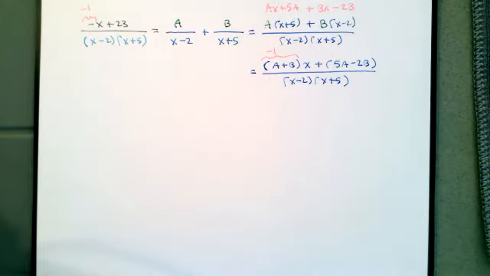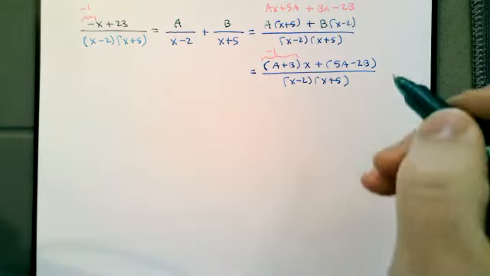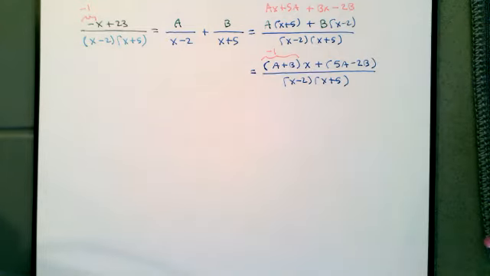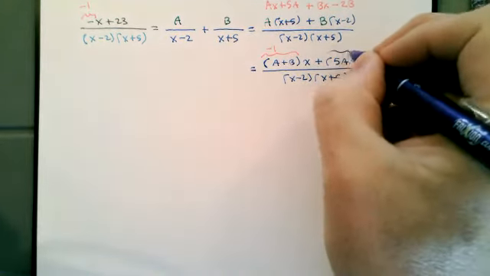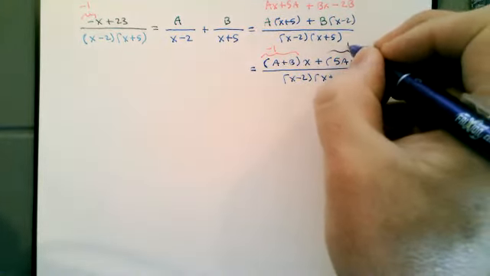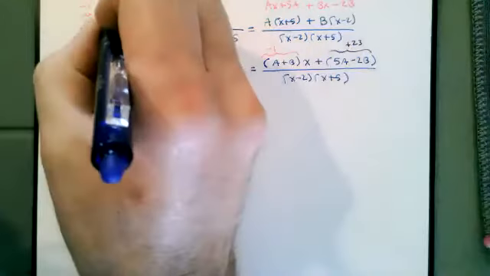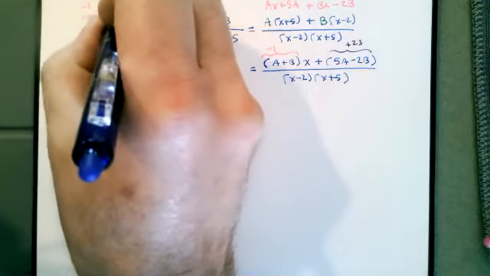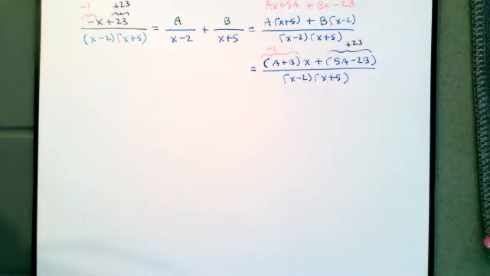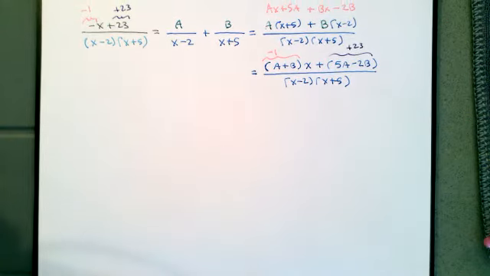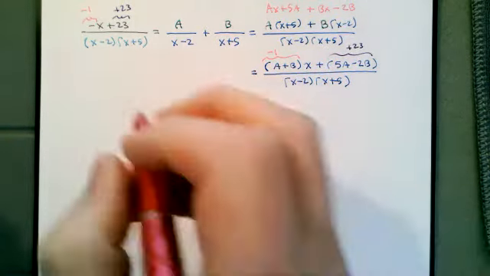The coefficient of x on both sides needs to be negative 1. And then 5A minus 2B has to be 23, because that's the constant. So I'm just equating my coefficients. So I get the equation A plus B equals negative 1.